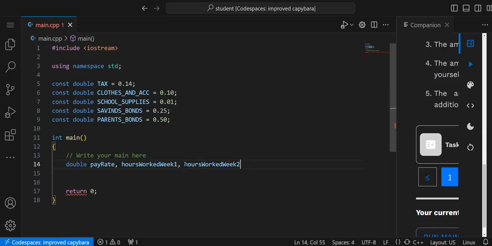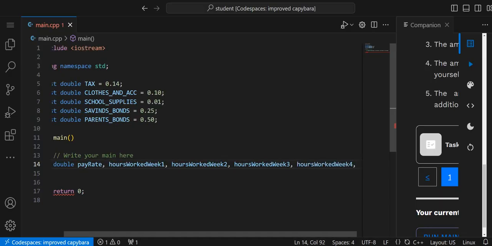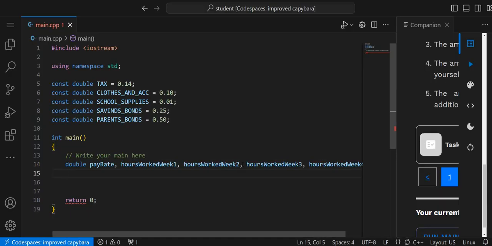Week 2, comma. Comma. Total hours worked.